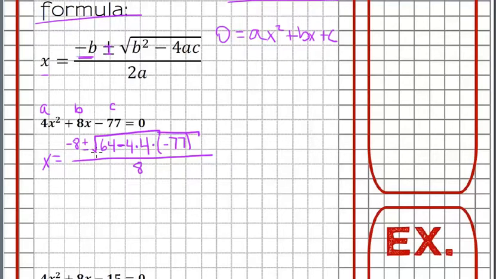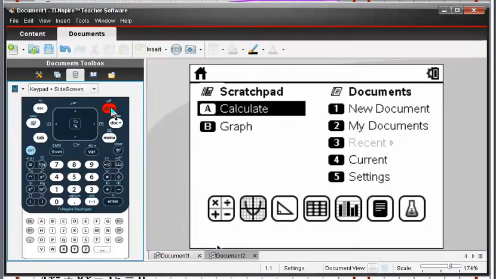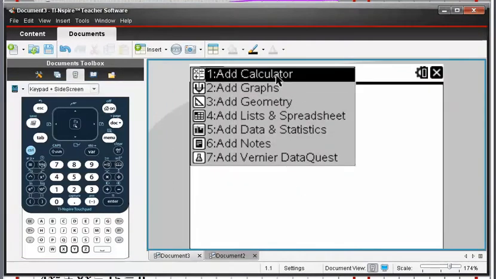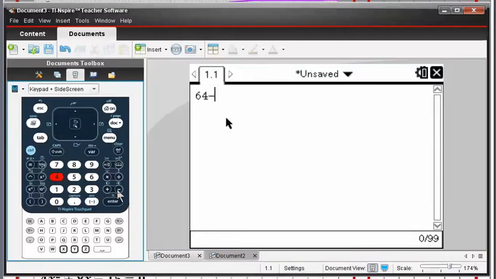So now we want to simplify what's under the square root. I'm going to do that using my calculator. It should be pretty simple. I'm going to go home and add a new document, add a calculator. So I had 64 minus 4 times 4 times negative 77 equals 1296.